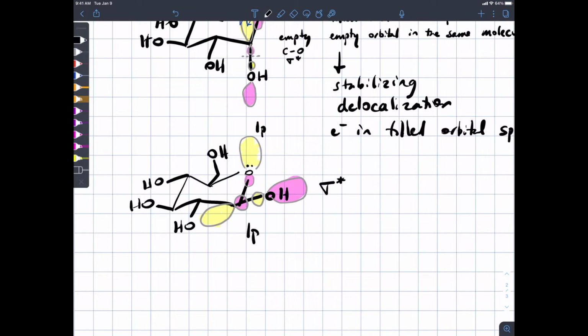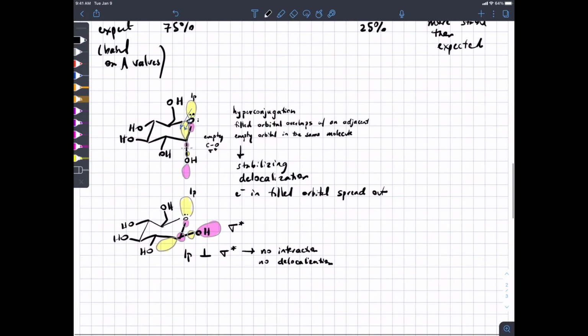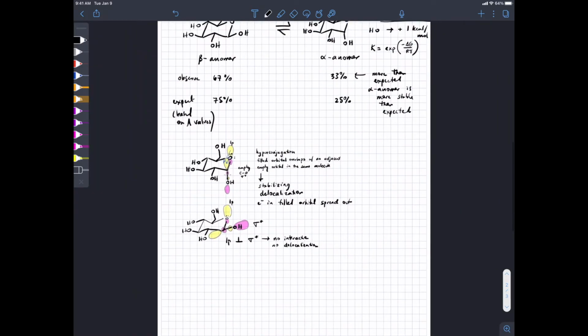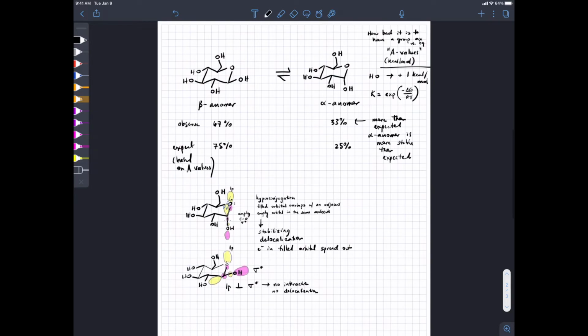And when the lone pair is perpendicular to the sigma star, there is no interaction and therefore no delocalization. So there is this thing called hyperconjugation that makes the alpha anomer more stable than expected.